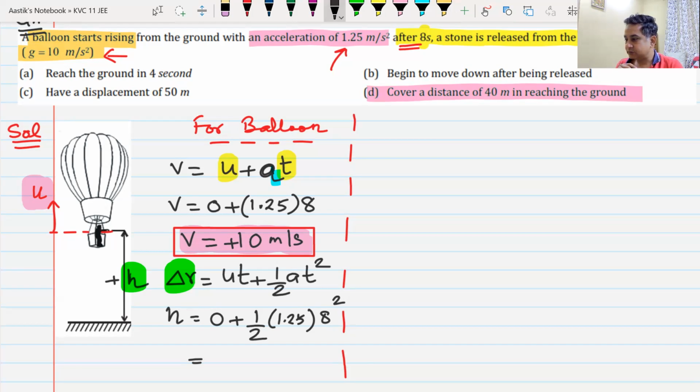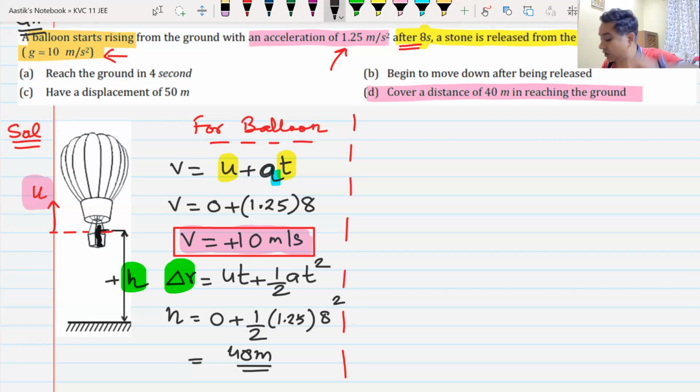Sure? 40 meters or 80 meters? 40, na? Pakka? Yes, sir. Okay. 40 meters. Now I can start the journey for the balloon.